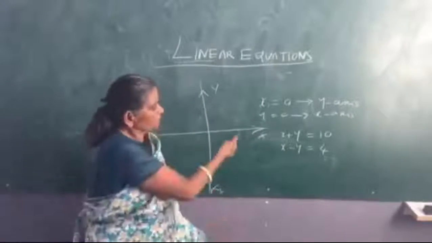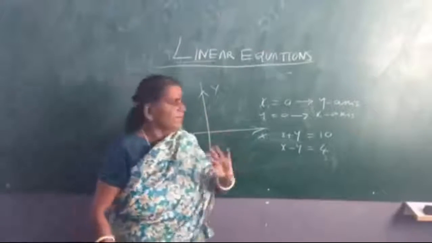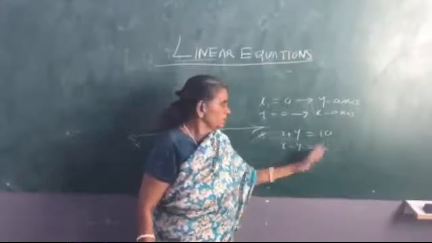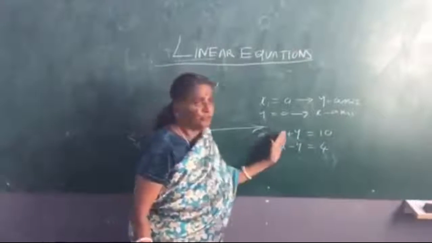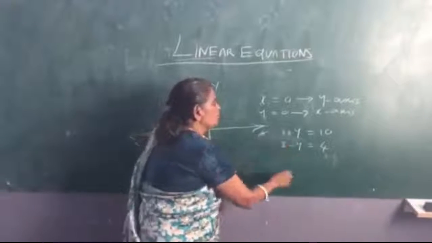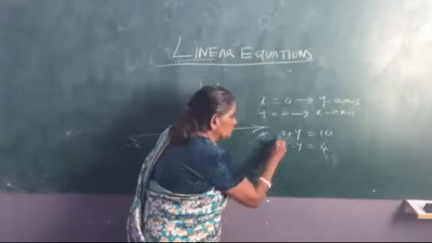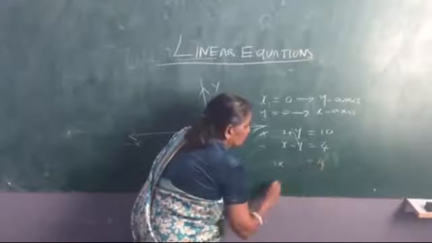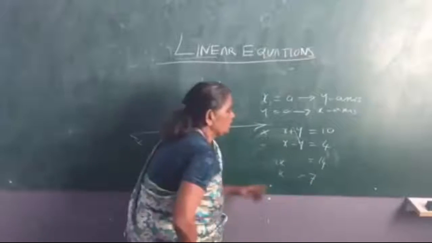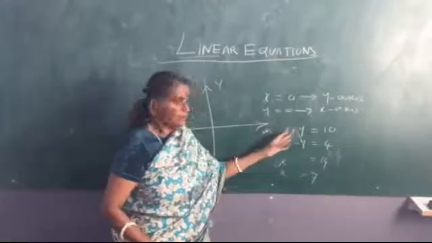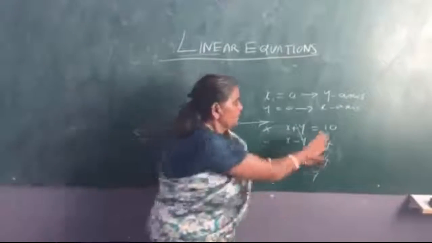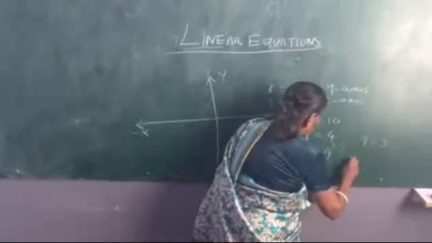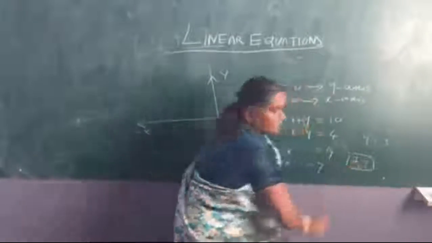Suppose you want to solve it. Normally, what do you do? If you add both the equations, you will get 2x, the y terms will get cancelled, and x will be 7. If you subtract, the x term will get cancelled, and 10 minus 4 will give you 6, so y will be 3. So 7 and 3 will be the solution.